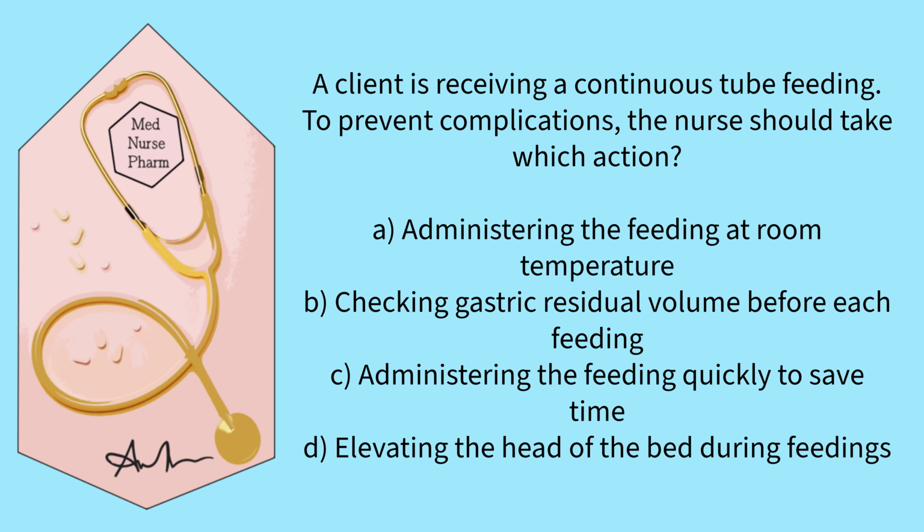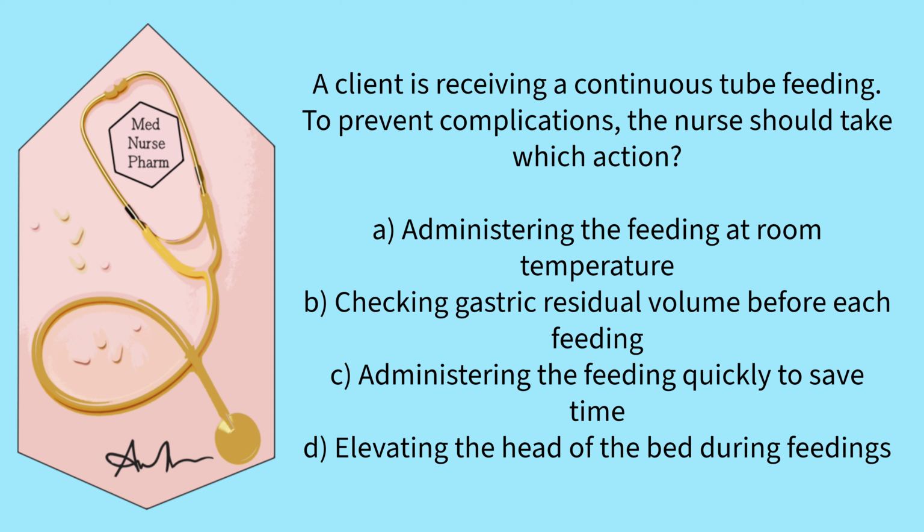A client is receiving a continuous tube feeding. To prevent complications, the nurse should take which action? A, administering the feeding at room temperature; B, checking gastric residual volume before each feeding; C, administering the feeding quickly to save time; D, elevating the head of the bed during feedings.